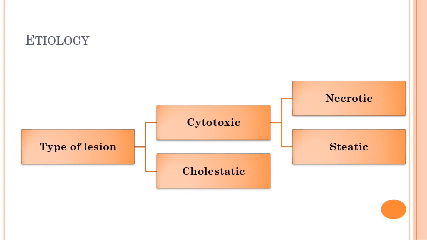However, in the steatotic lesions, also called steatitis, there is inflammation of the fatty tissues in the liver. However, in the cholestatic, changes in the bile ducts take place and there is no flow of the bile acids from the pancreas and there is accumulation of the bile acids.